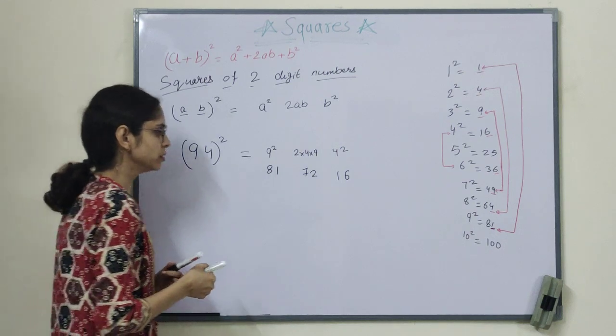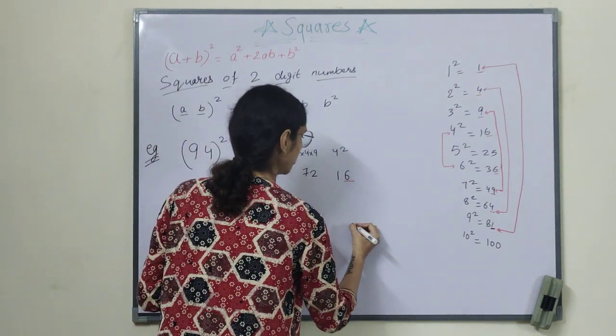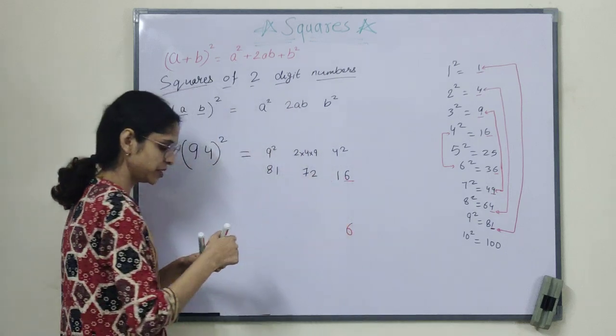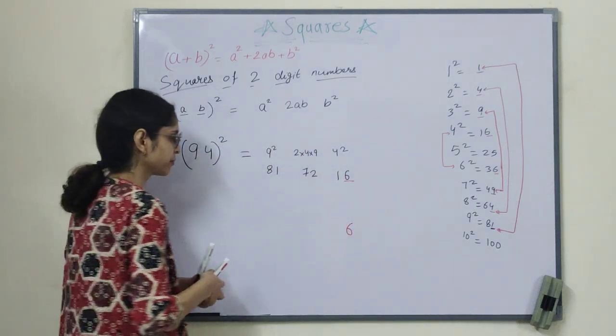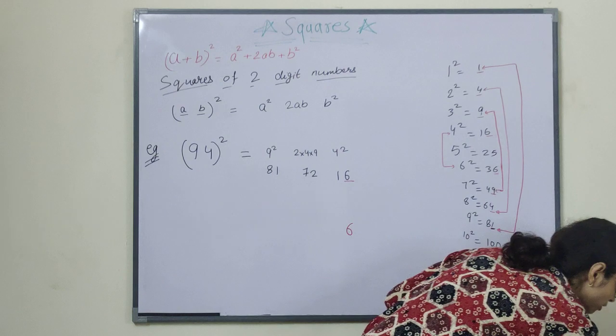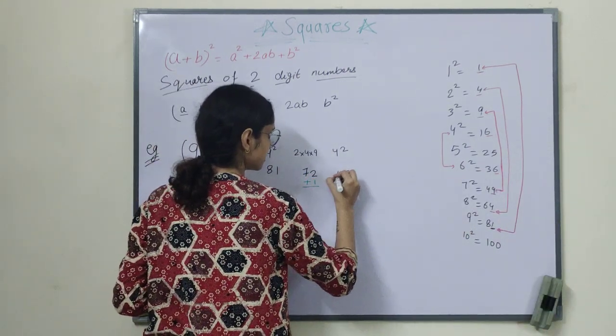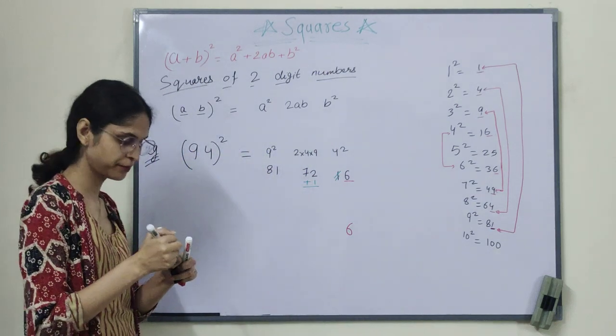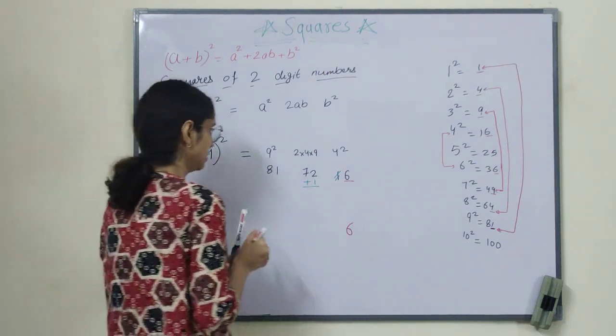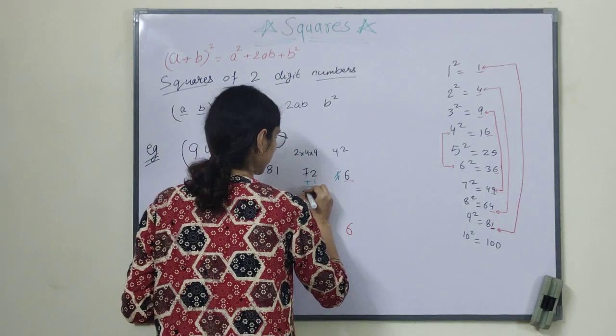Now what will we do? 6 will go down. 1 will become the carry. So 1 is becoming the carry, so you are adding 1 over here and cancelling 1 from here. Now 72 plus 1 is 73.